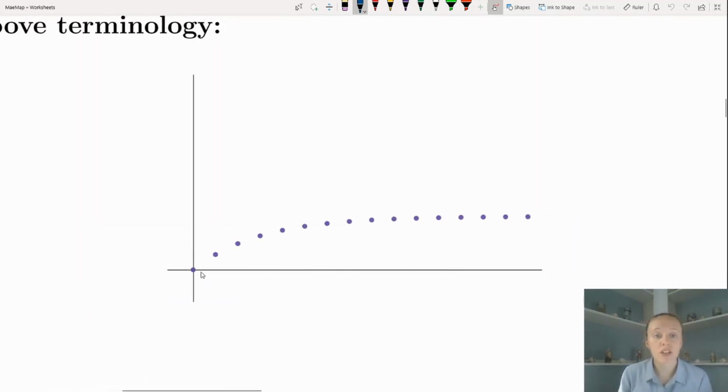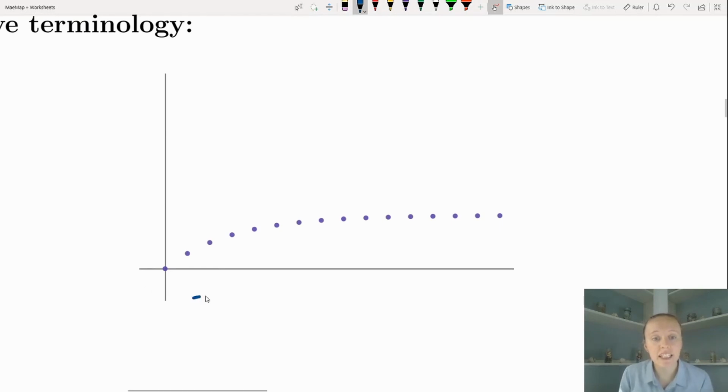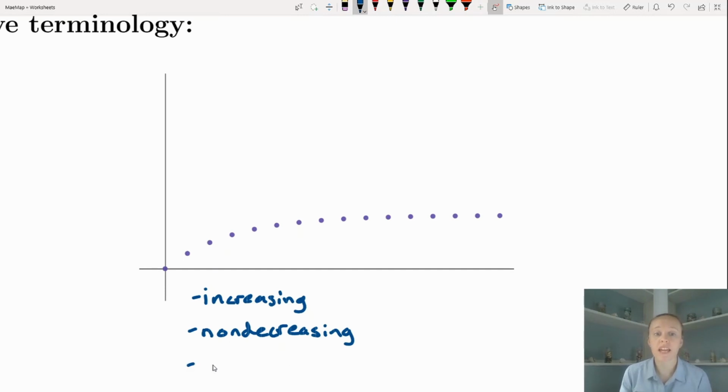For this next one, you can see that each term that falls after the other is increasing. Even here, we have a small, tiny increase. So this is indeed increasing. And because it's increasing, we know that implies that it's non-decreasing. And it's moving in that one direction, so it's monotonic.